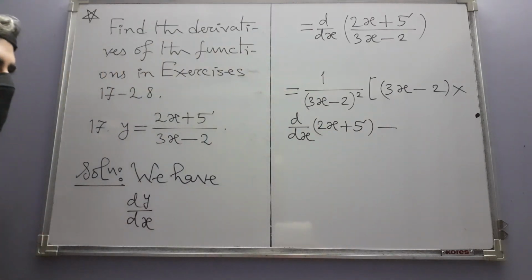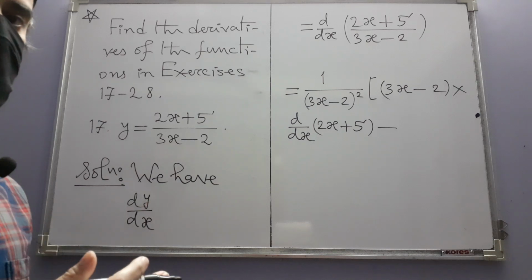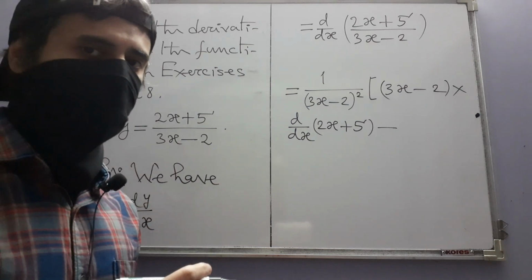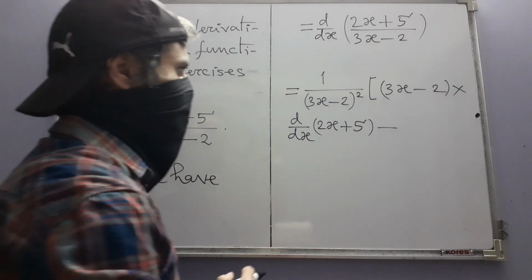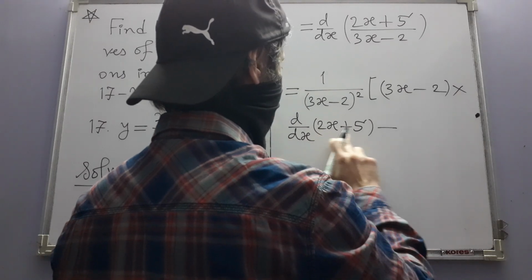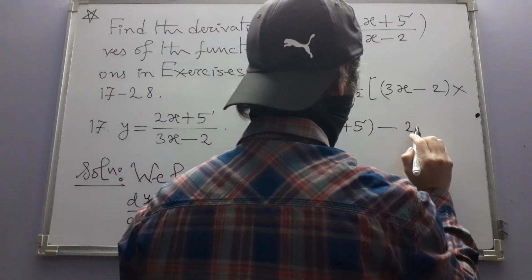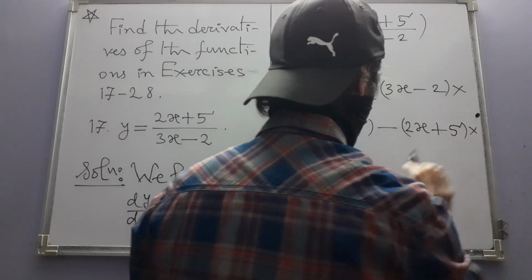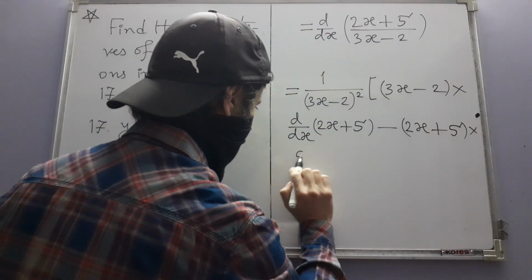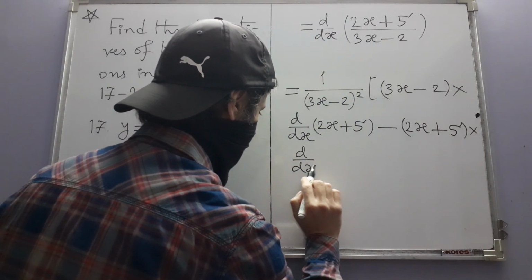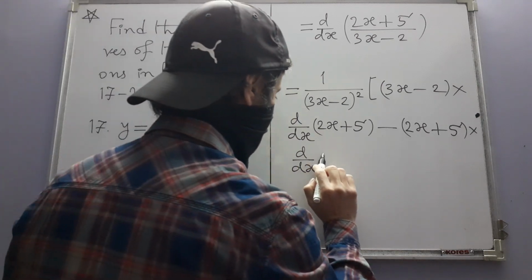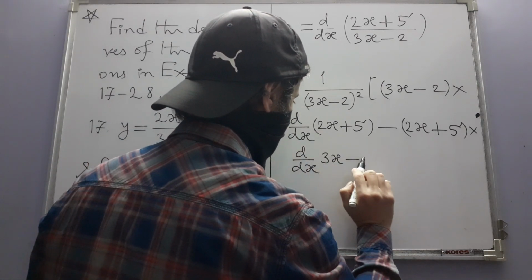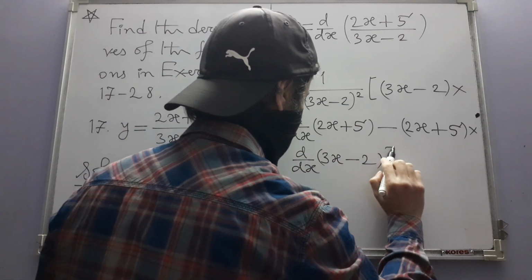Do not forget that in the quotient rule you have minus, unlike the product rule where you have plus. This time we will keep this one intact, and with that multiply the derivative of the denominator this time, that is 3x minus 2.